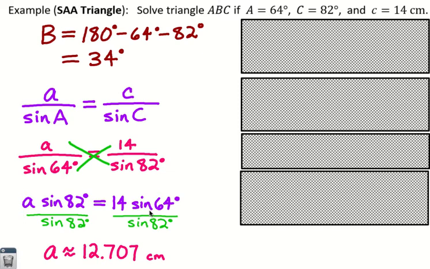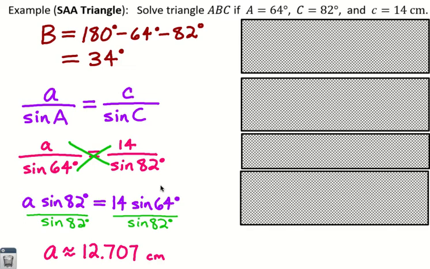At the end of the day, you're going to have to approximate. You're going to have to do 14 times this divided by that. But I would try your best to hold off until the very end to actually do any rounding. Because if you round this and you round this along the way, and then do math with the two rounded numbers, then your final answer can be a little bit more off than it easily should be.